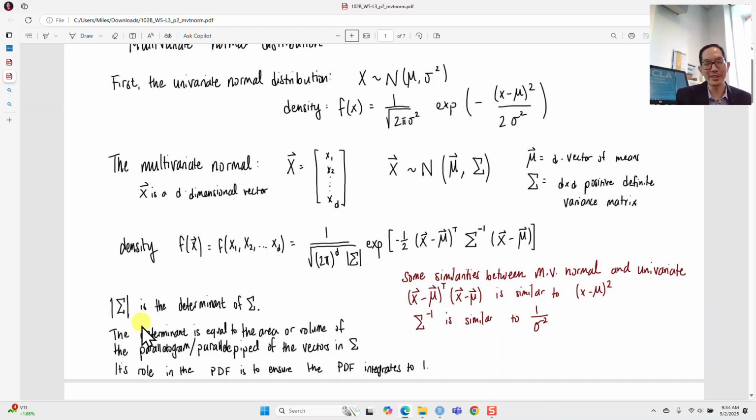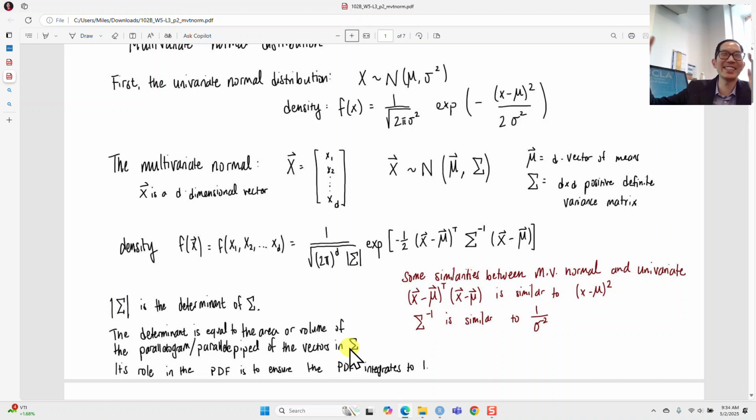All right. And then just the geometric interpretation, so here we have the determinant. The determinant is the area of the parallelogram of the vectors in sigma, or if you have a higher dimensional thing, it draws out a parallelepiped.